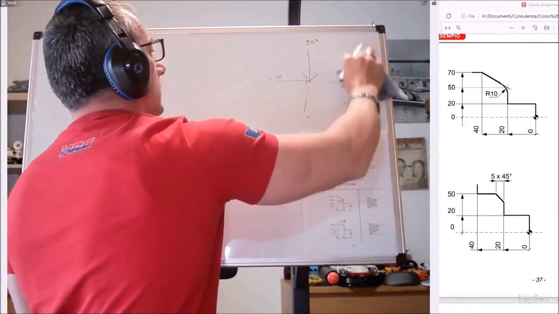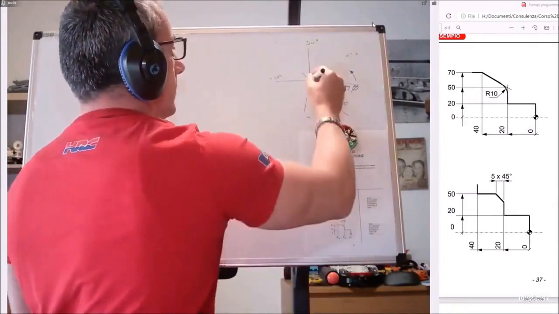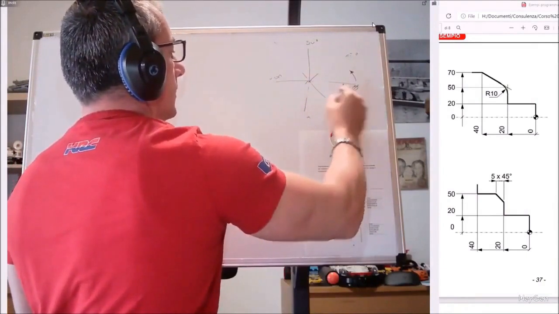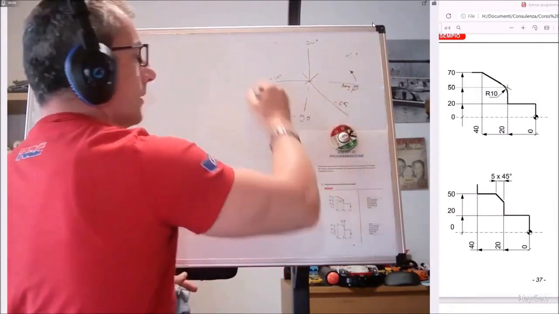Therefore, I will have minus 45 degrees as well as minus 90 degrees, and so on. Okay?